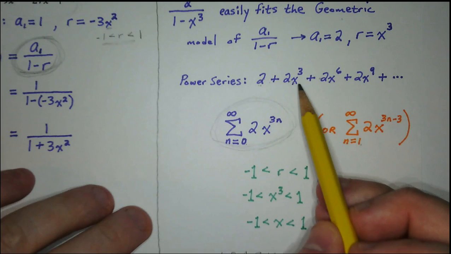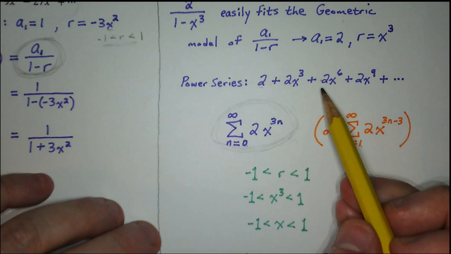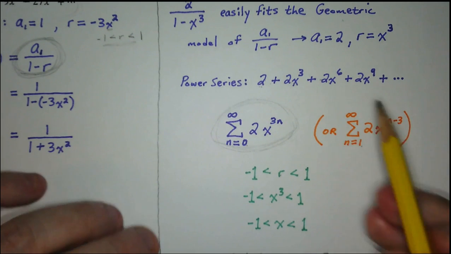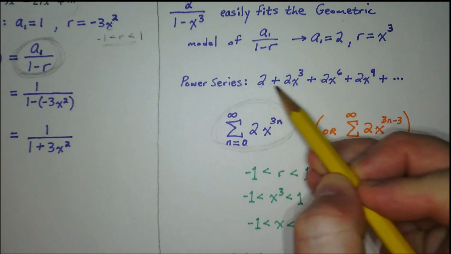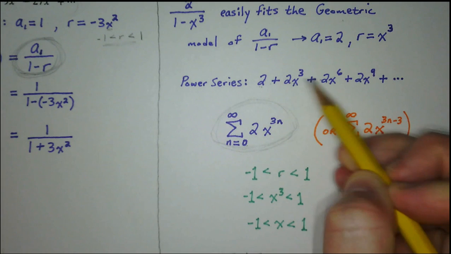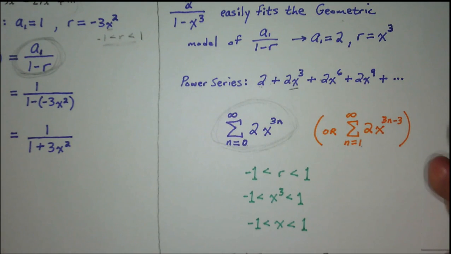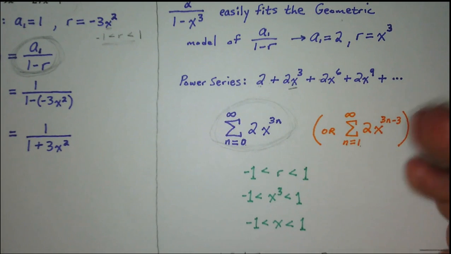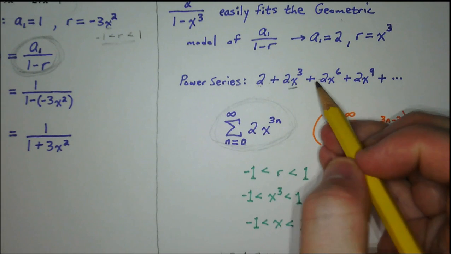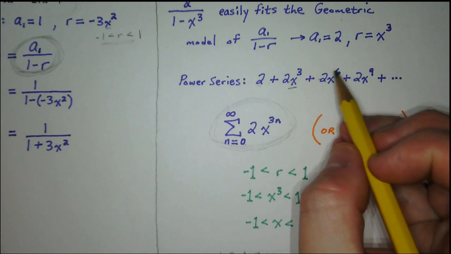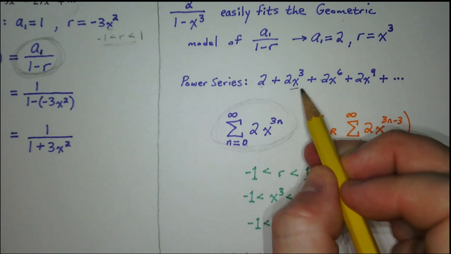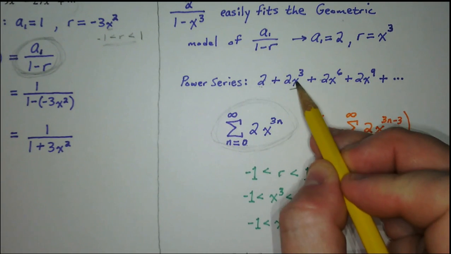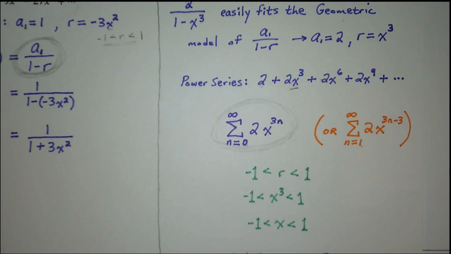But when you're talking about a power series, and I get it, I was in your shoes once before, we call this a power series basically because we have x's. It's not that black and white. The bottom line is here we have a power series, a geometric series that has a variable in it.